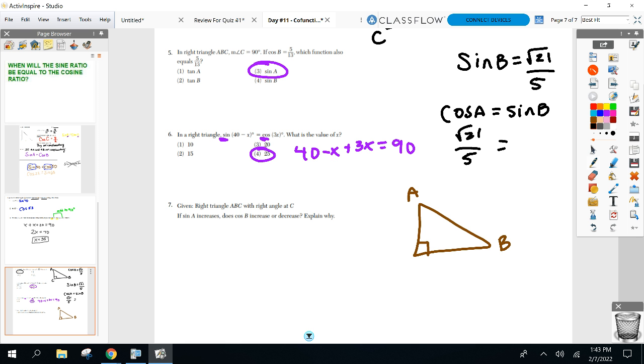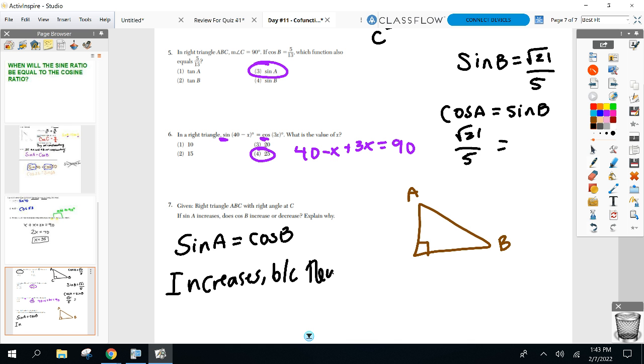Because they're equal. Sine of A in this problem is the same as the cosine of B. So if A increases, so does cosine B. Increase is a good reason because they're equal. One goes up, the other goes up. All right. Questions from you guys?